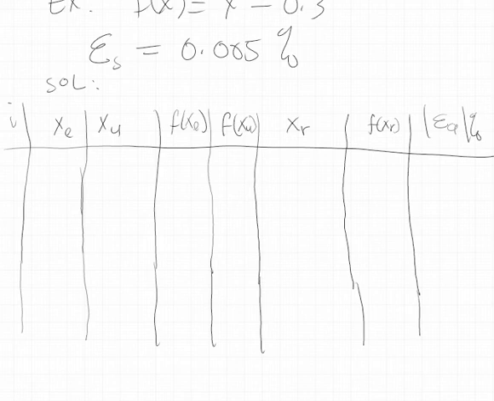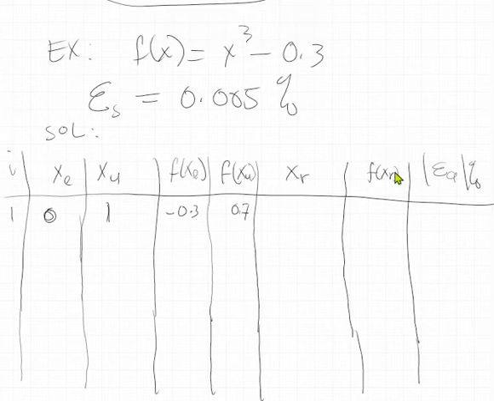So first, again, we choose from 0 to 1. First iteration, 0 to 1. Next, what is f of xl? It's the same, 0.3. This one is 0.7. And how about xr? For xr, we use the formula.